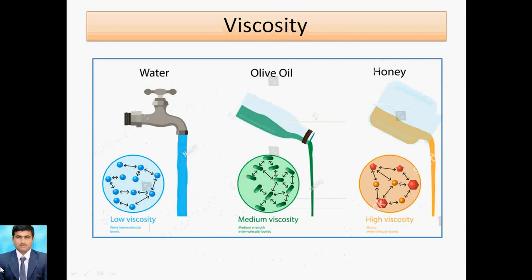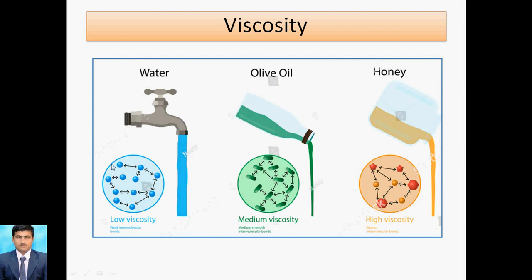We can take the example of water, olive oil and honey. Honey requires more force, that's why it is called high viscosity. It is because of the intermolecular structure, which is strong, so it requires more force and is called more viscous.